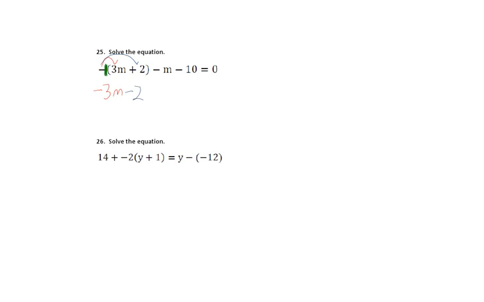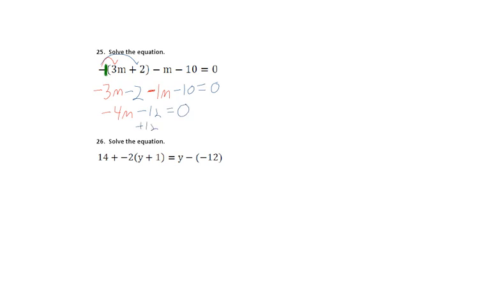This m doesn't have a number in front, but I like to put a number in front. Negative 1m, then minus 10 equals 0. Next, let's combine like terms. So negative 3 and negative 1 get together to form negative 4m. Negative 2 minus 10 becomes negative 12, and all of this is equal to 0.